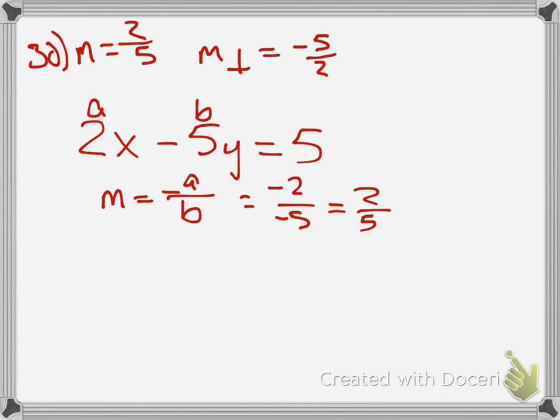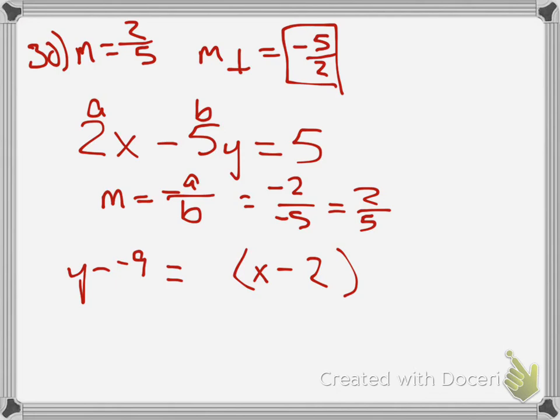Now I can plug this slope right here and say y minus is equal to parentheses x minus, y with y, x with x, slope in the middle. That becomes plus 9. And then again, if it says write a linear equation, you're done.